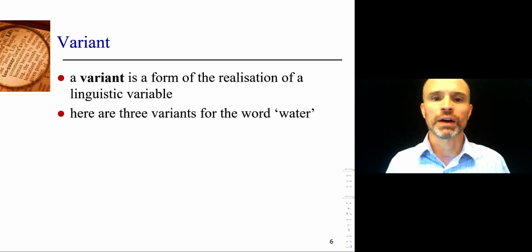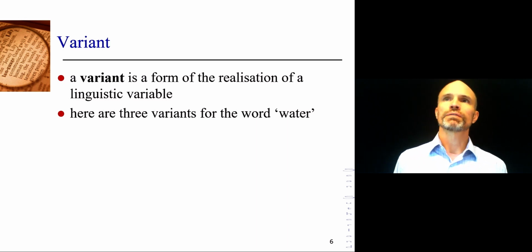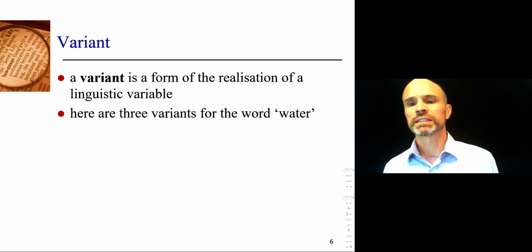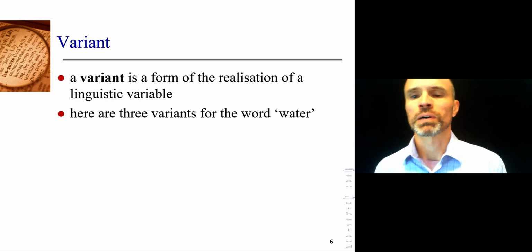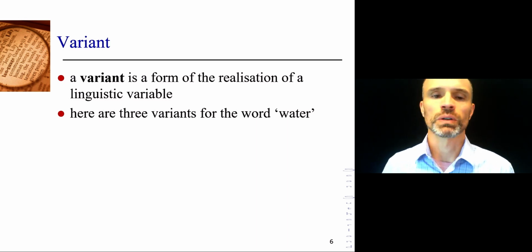Think to yourself about how you say the word water, but then notice it says here are three variants for the word water. Can you think of three different ways that someone would pronounce the middle syllable, the T, in this word?